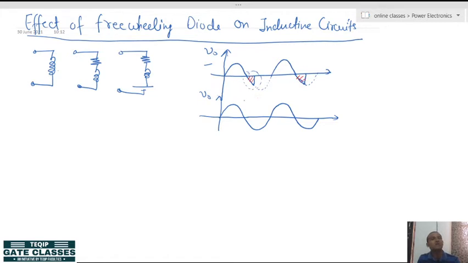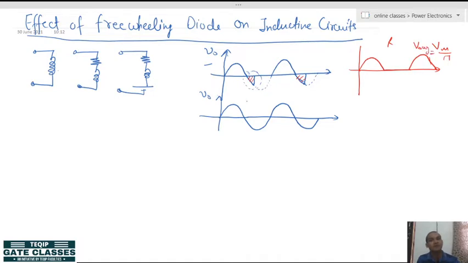So what is the effect of this negative value? For a pure resistive load, the output average was Vm by pi for half wave.